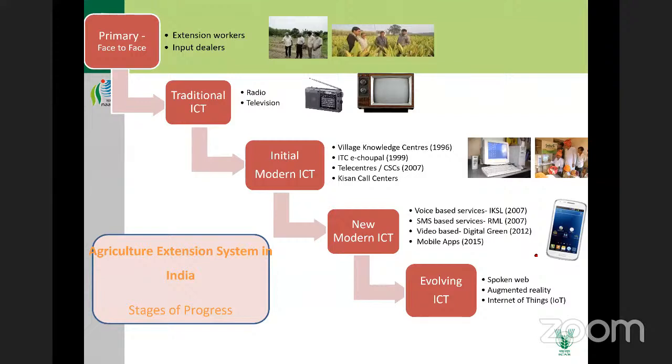Then mobile apps. From 2015 onwards, mobile apps have come. The evolving ICT includes spoken web, augmented reality. We are talking now about artificial intelligence, AI, and the Internet of Things, IoT.